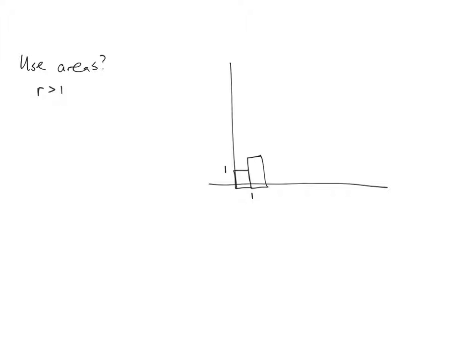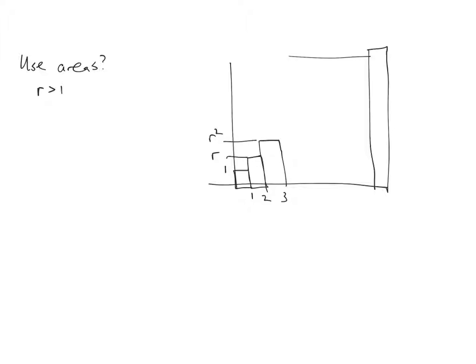Can we use areas? So let's look at the case that r is greater than 1. The first rectangle has height 1, and the second one has height r, and the third one has height r squared. And then way out here there's one that's called r.